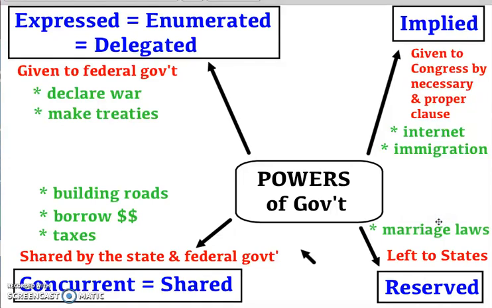Things like marriage laws. The states get to decide how to deal with those. The states get to decide how to deal with education. Federal government does not do that. So reserved powers are actually left to the states specifically.